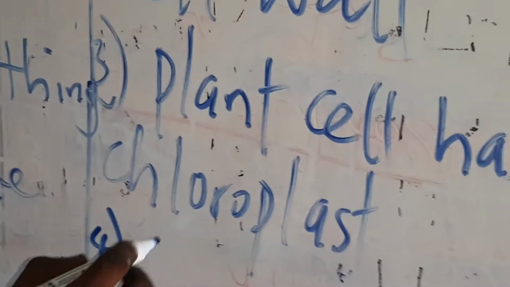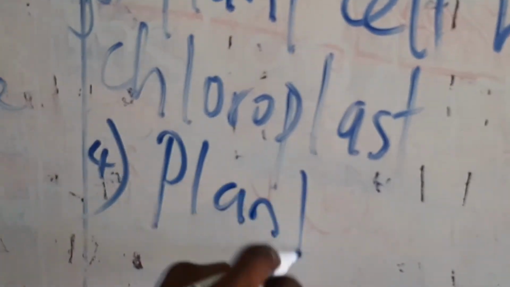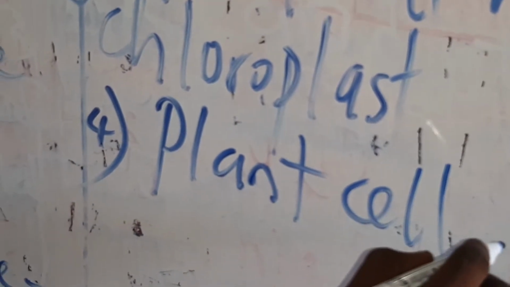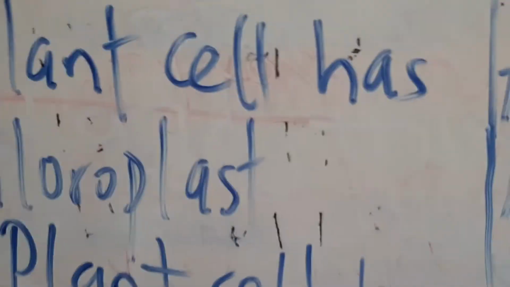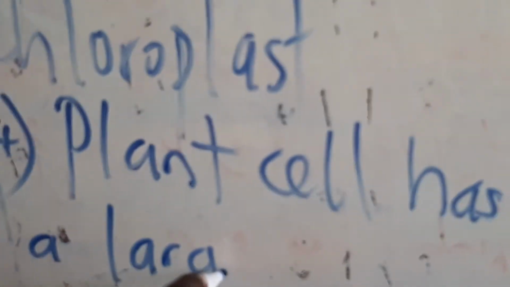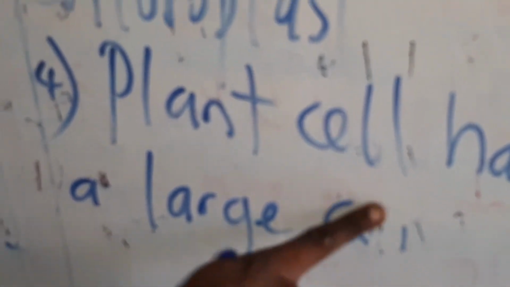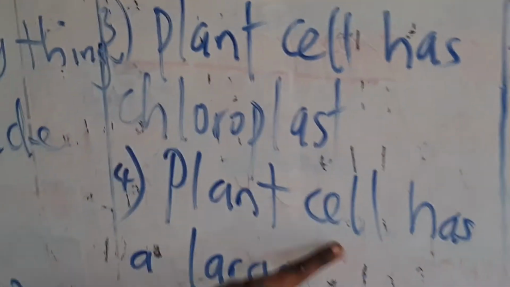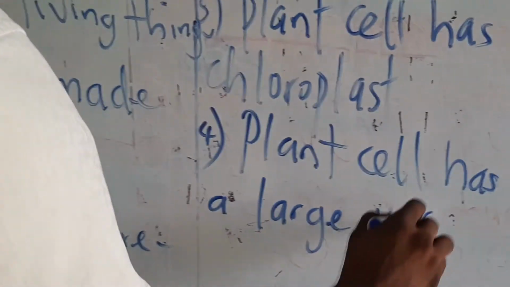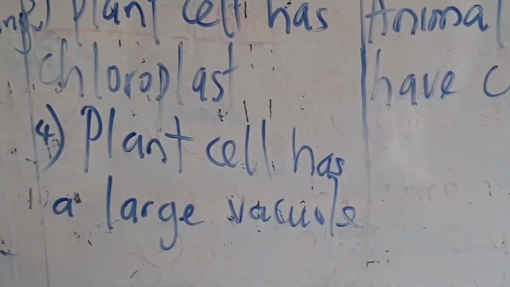So we can say plant cells have a large central vacuole.